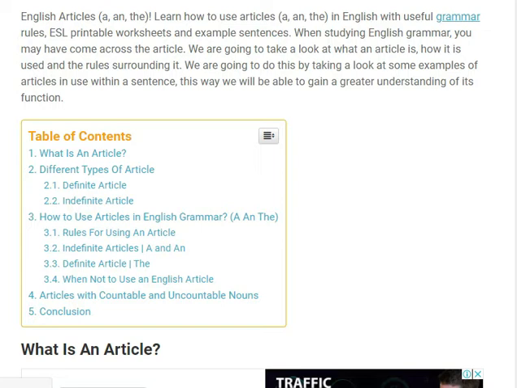We are going to take a look at what an article is, how it is used, and the rules surrounding it. We are going to do this by taking a look at some examples of articles in use within a sentence. This way, we will be able to gain a greater understanding of its function.